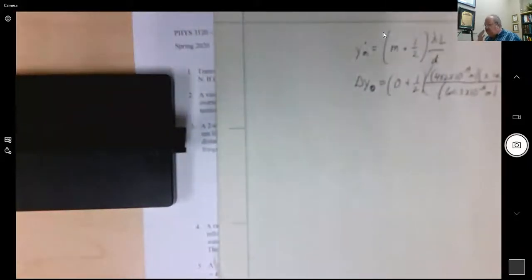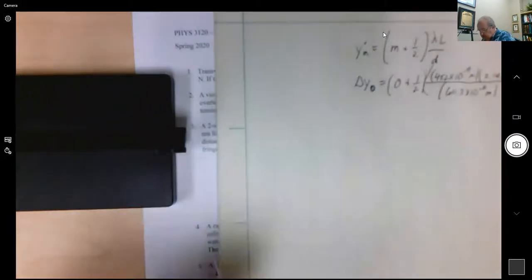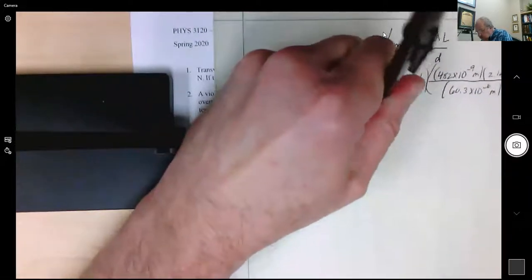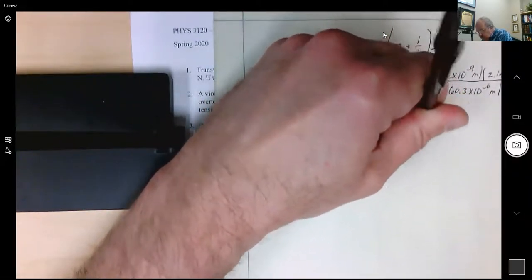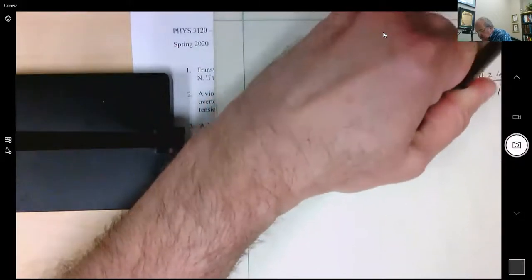Okay, so that's my first distance. Now I need this distance on the other side to the first dark fringe. Okay, so I want delta y1, which is 1.5 times this same thing.